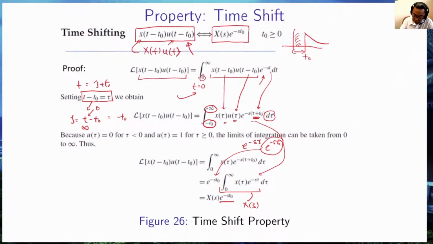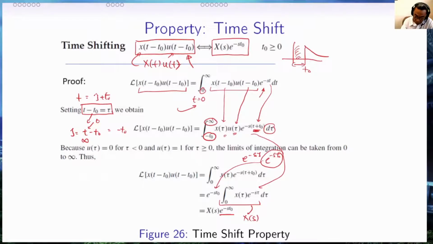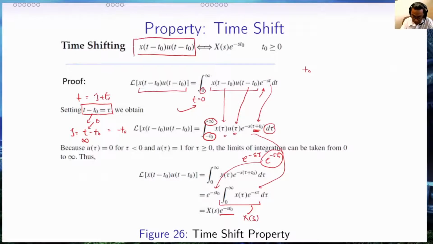So in conclusion, the Laplace transform of the time delayed signal is X of s times e to the minus s t naught, where t naught is the value that is time delayed.